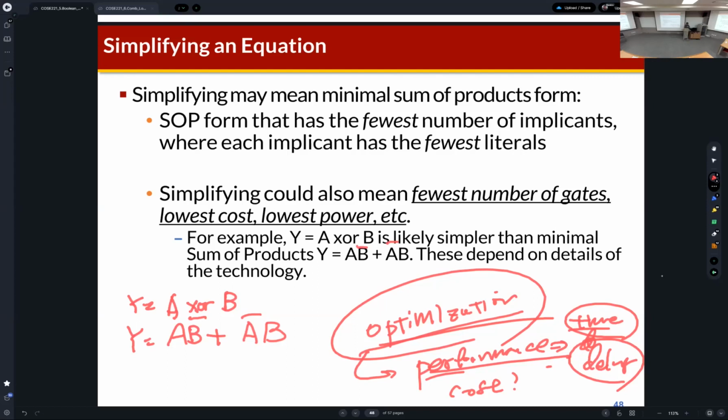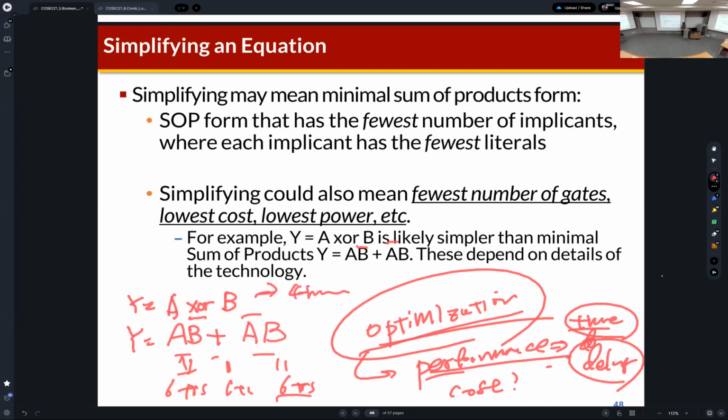But in order to implement the AND gate and OR gate, actually we require 6 transistors each. So in order to implement this Boolean equation, we require a total of 18 transistors, right? And then this is the 4 transistors.